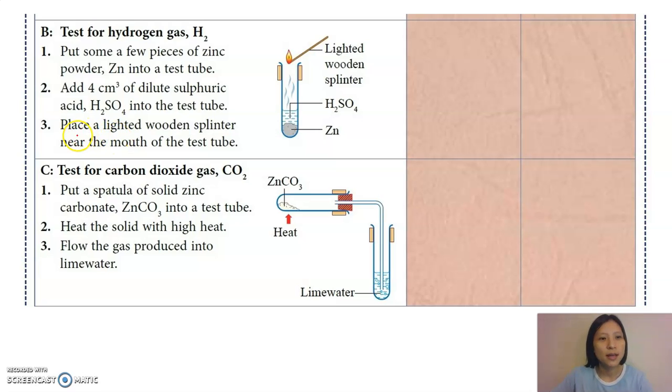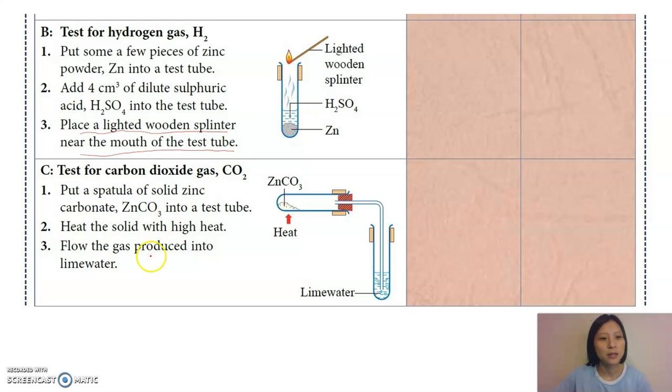So how do we test the hydrogen gas? We place a lighted wooden splinter near the mouth of the test tube. And then you need to also mention what is your observation. So your observation would be a pop sound is heard, confirming that it is hydrogen gas.